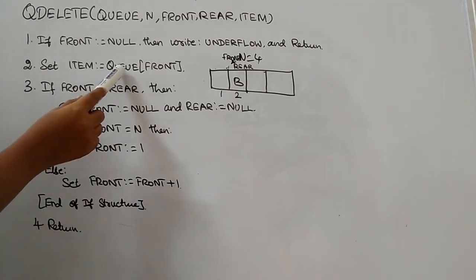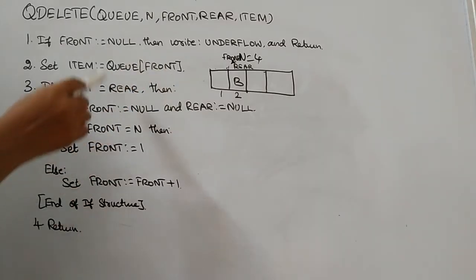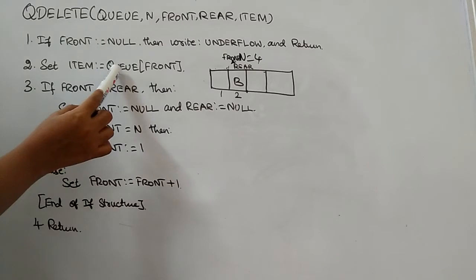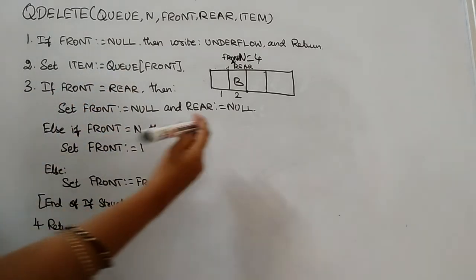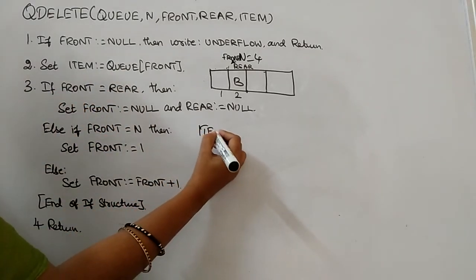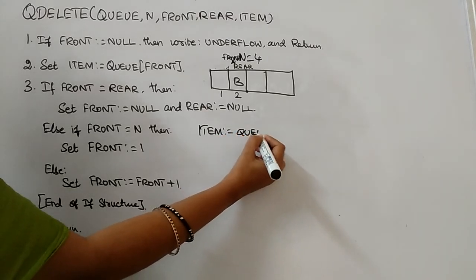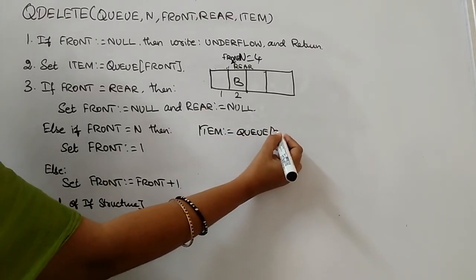Here I am going to say item colon equal to q of front. Now the front value is equal to 2. That's why it will set item colon equal to q of 2.